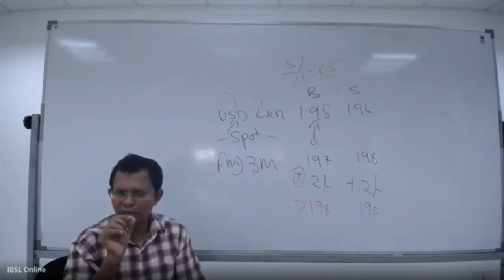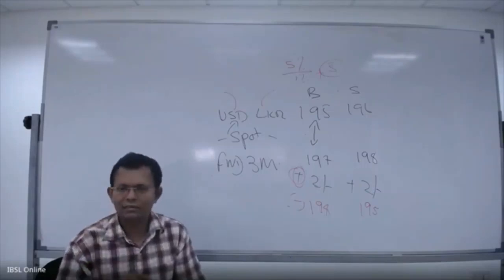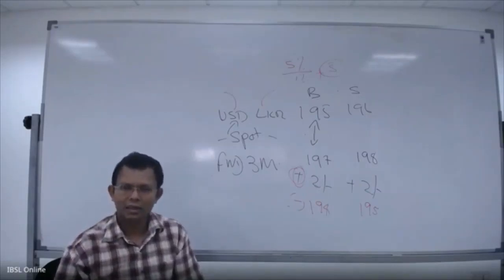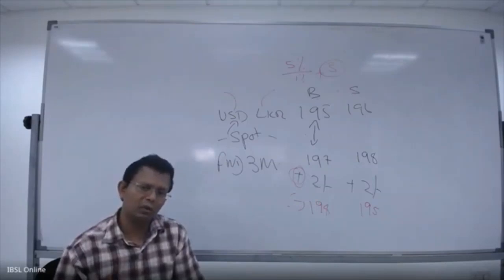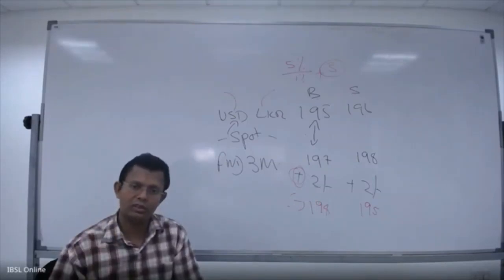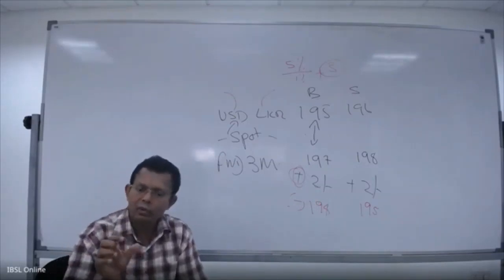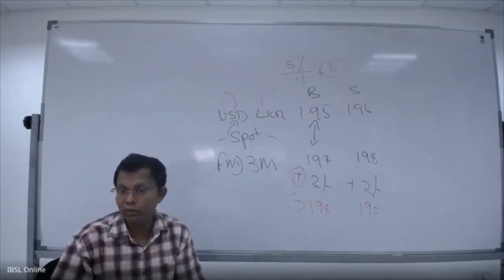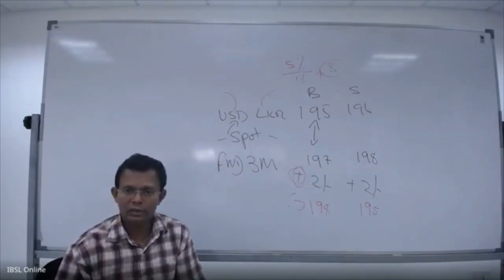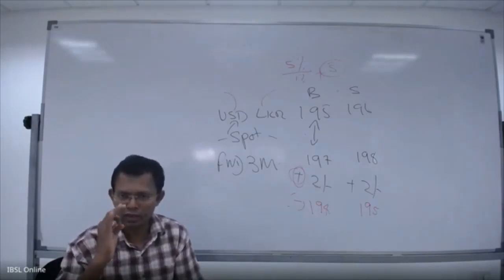What do you mean by strike price? I'll take a small example so that everything will be finished. It's also available in your notes, the types of options, and I have given you the differences between the forward exchange contract and the futures market contract. That is also important to keep in mind.